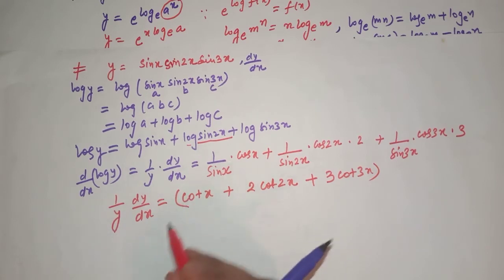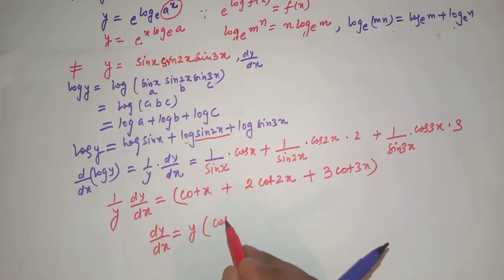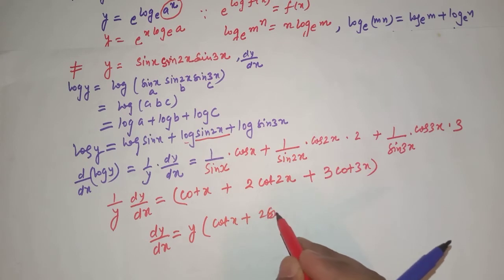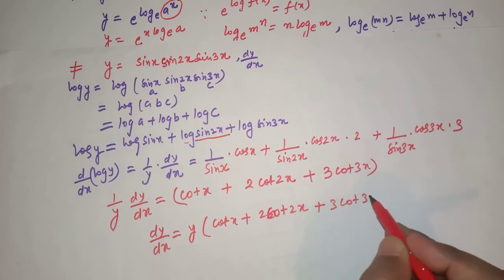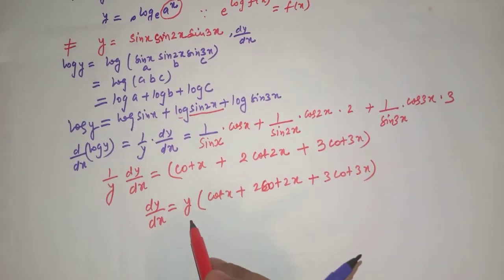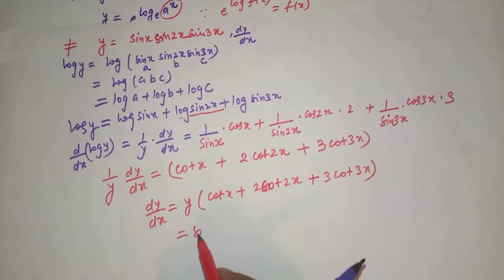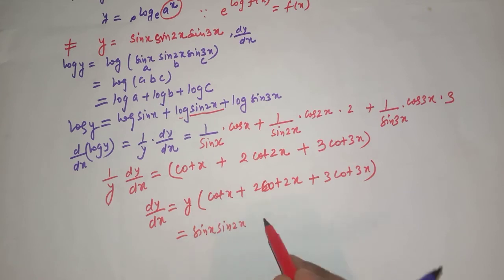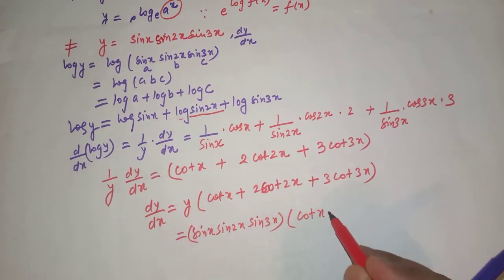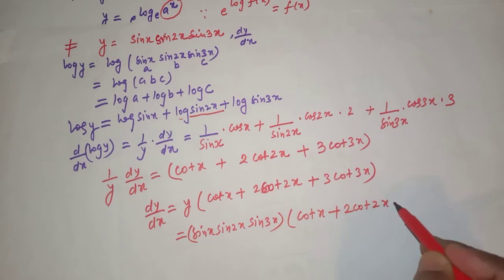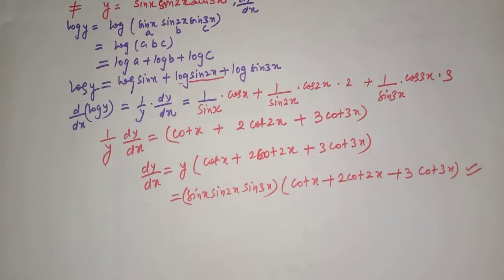Now we take this y to this side, so we get dy by dx is equal to y times cot x plus 2 cot 2x plus 3 cot 3x, and then we can here substitute this value of y, so we get sin x sin 2x sin 3x, and here we have cot x plus 2 cot 2x plus 3 cot 3x. So this is the required derivative. Clear?